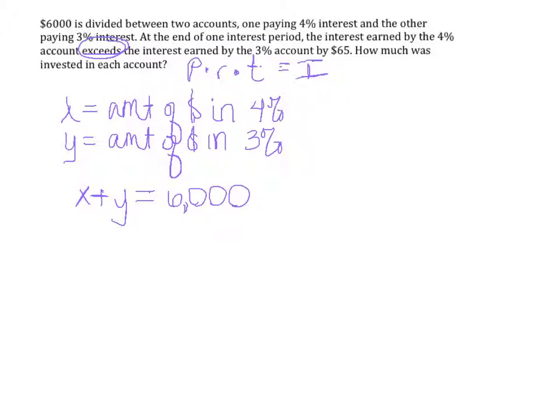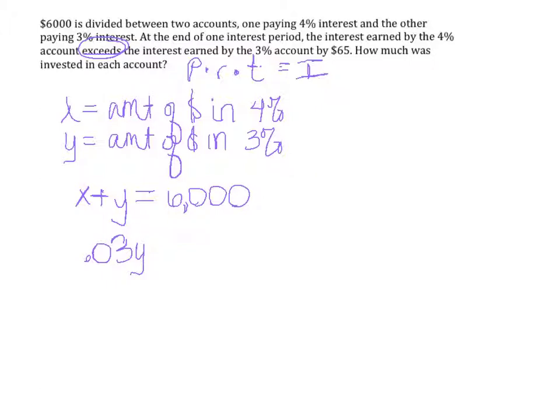Well, this is telling me that the 4% has more interest earned than the 3%, and it's earning $65 more than the 3% account, which means I have to take my smaller account, 3%, written as 0.03, times y, the principal I put in there. There's my rate times my principal.